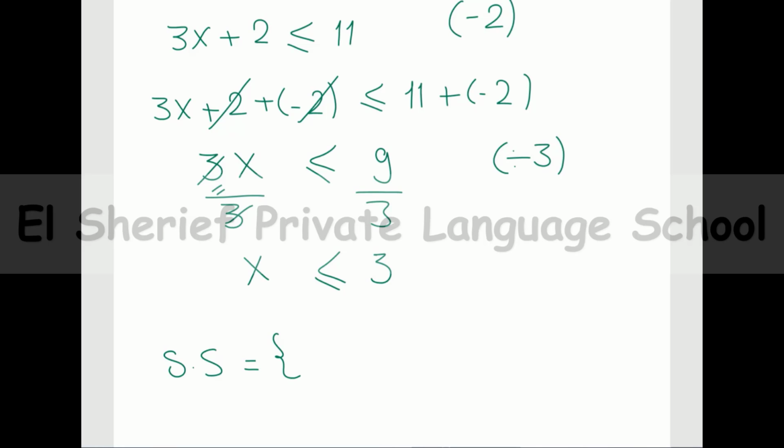He said less than or equal to 3, with equal, so 3 is with us, then less than 3: 2, 1 and 0, and close the brackets. Why? Because I don't have negative numbers in the natural numbers. Now we finished. Thank you and goodbye.